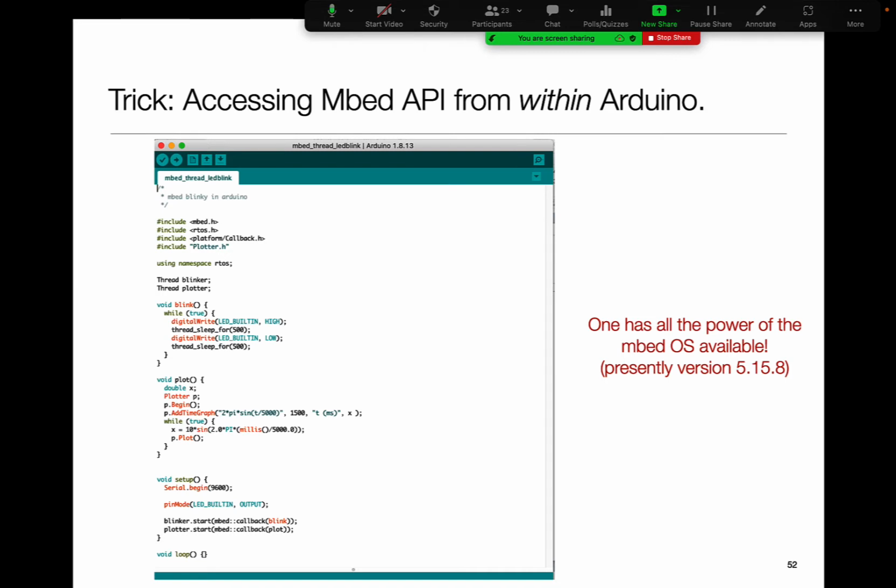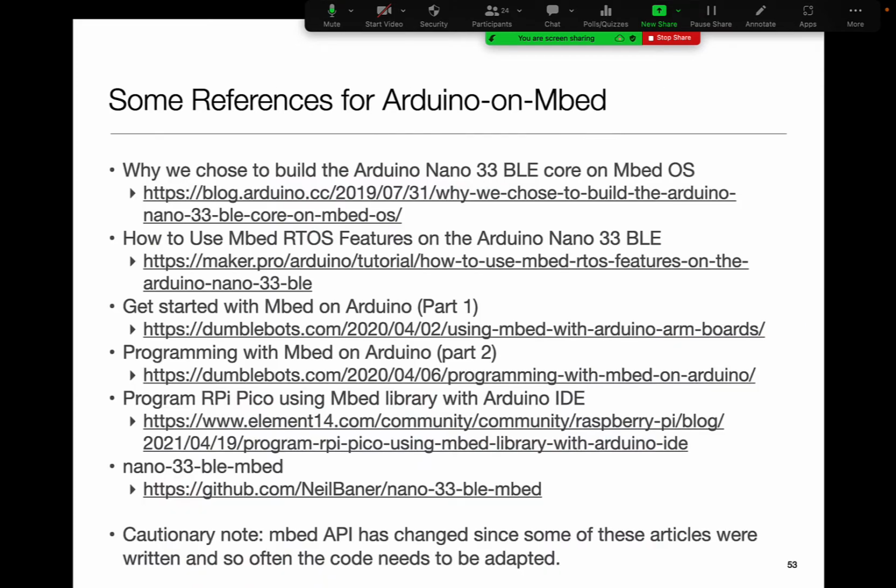At the very bottom, Blinker and Plotter are 2 threads which are declared. We can think of them as 2 tasks, and we start both of them and call Embed APIs. This is all C++ code, so the syntax has to do with that, but essentially you can still use the Embed OS. The code that I'm showing is from last fall's lecture, so there might have been some minor changes. Both Mbed itself and Arduino keep evolving, but that's the basic idea.